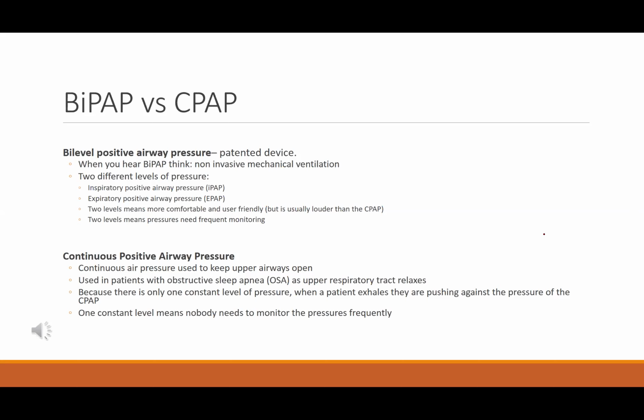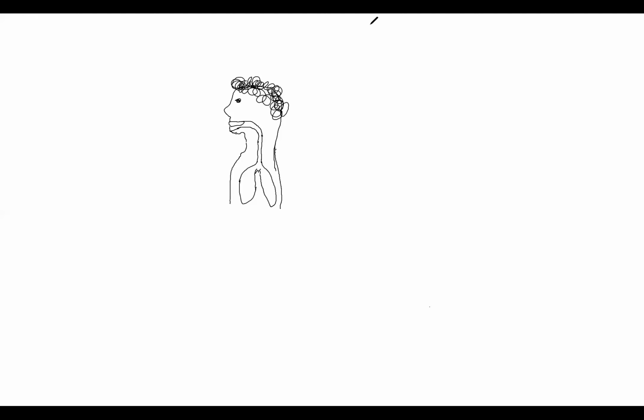So if we're looking at where this is on the airway track, bear with me with the drawings. I decided to skip over to the whiteboard. What I've got is a really accurate, lovely drawing of an individual, and you can see here we've got their mouth.